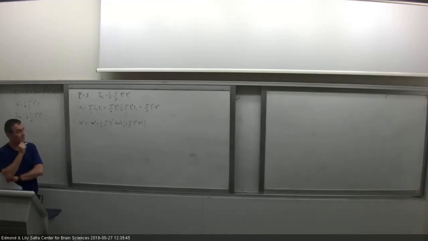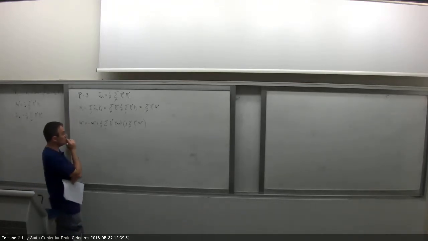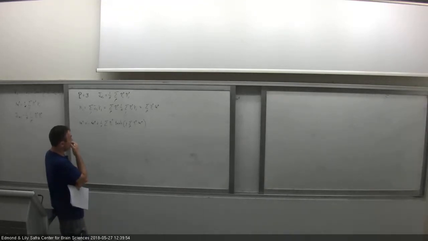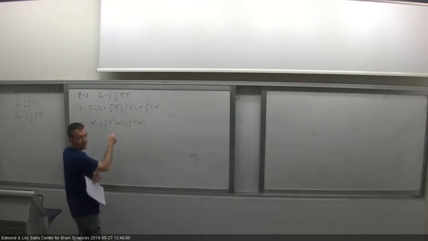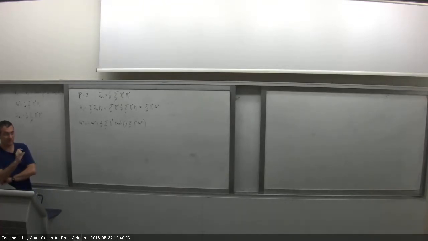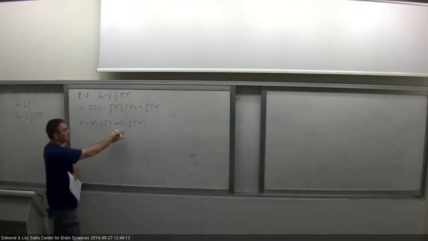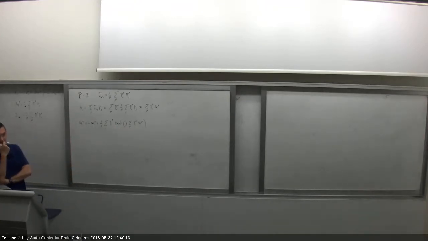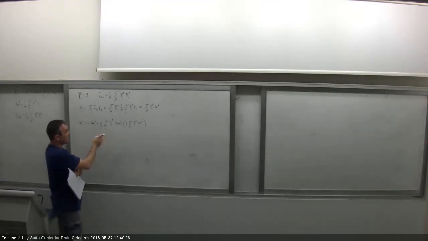Because we have pi1, pi2, and pi3, and each one of them can be either +1 or -1. So at best, or maybe I should say at worst, we have 8 different values. And these 8 different values will be equally distributed. Each one will appear with a probability 1 over 8.